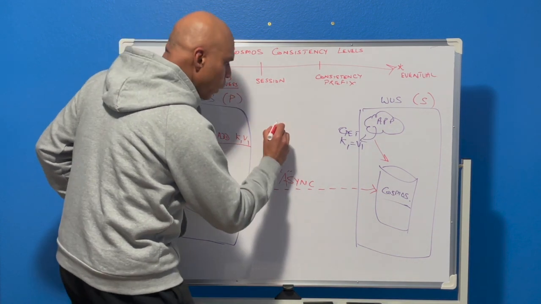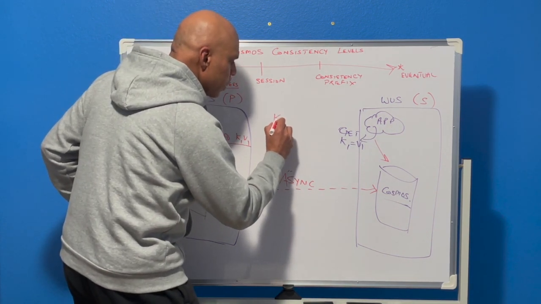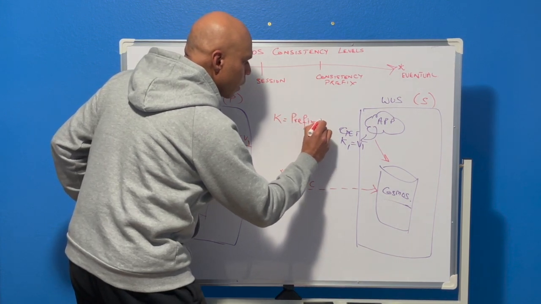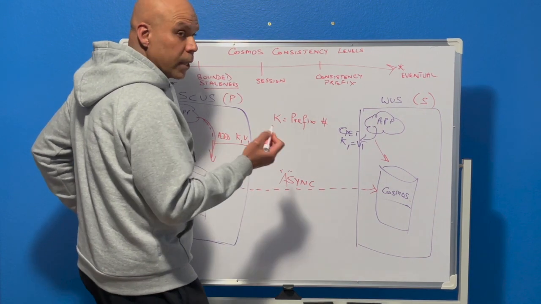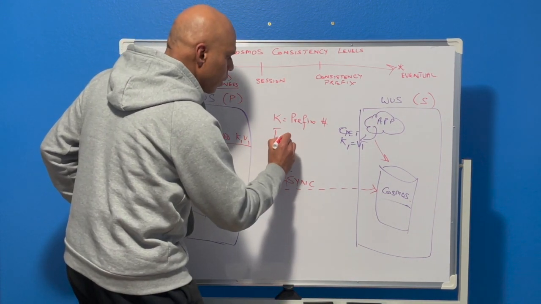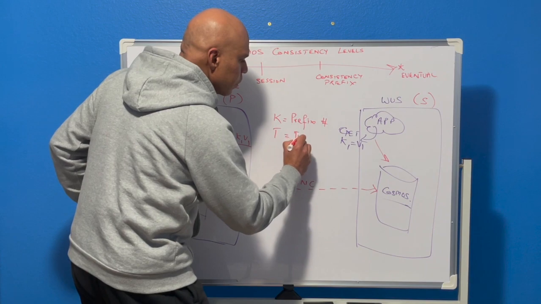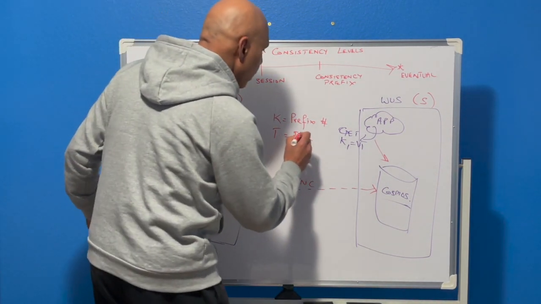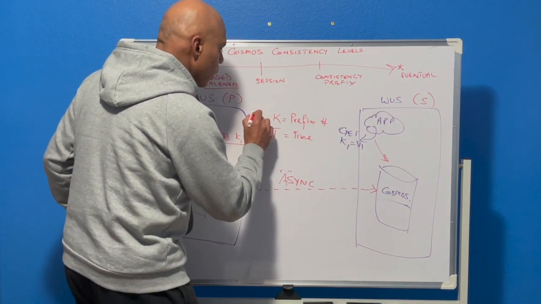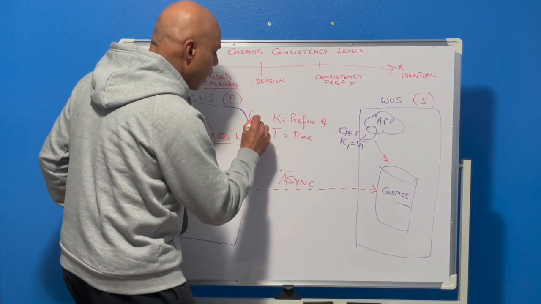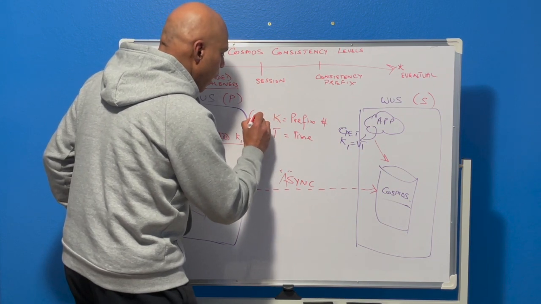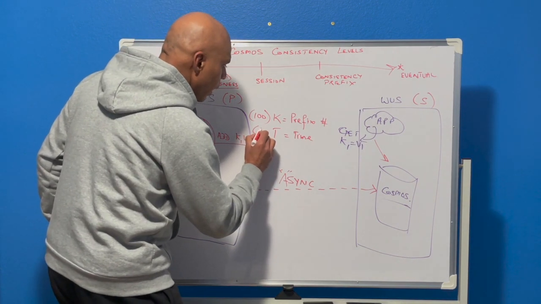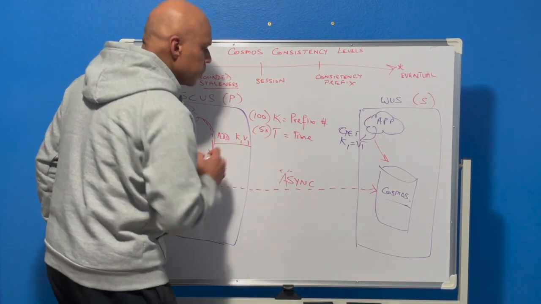When you choose bounded staleness, you can be lagging behind by a prefix number of write operations, or based on time. Now both of these can be configured. You can say I accept for my reads to lag behind by a maximum of 100 write operations, or I can lag behind by 5 seconds.